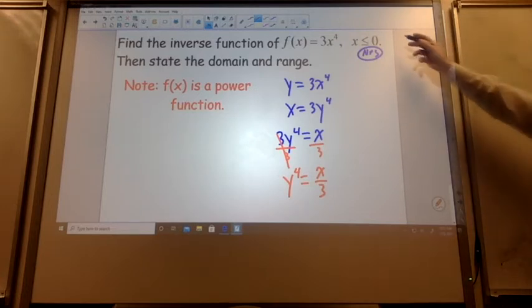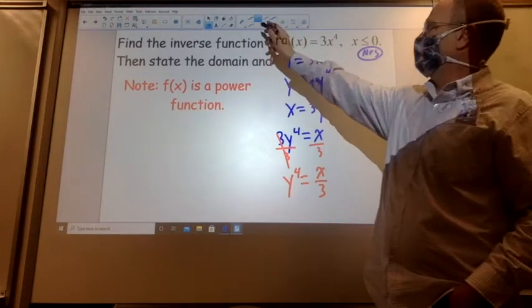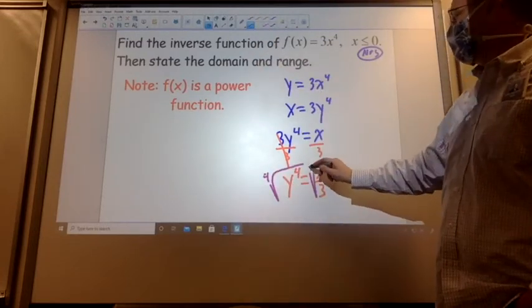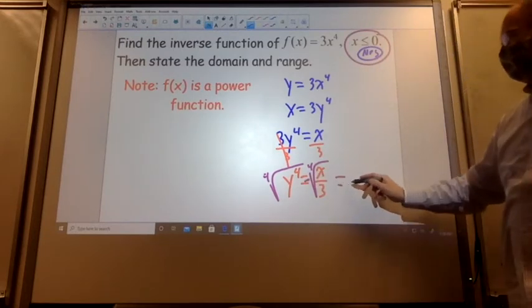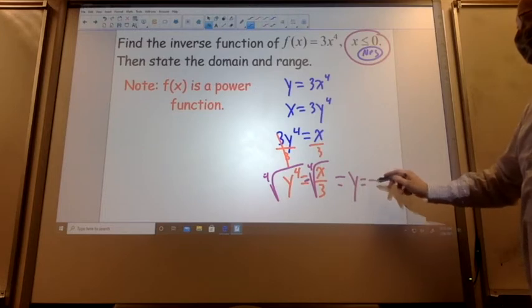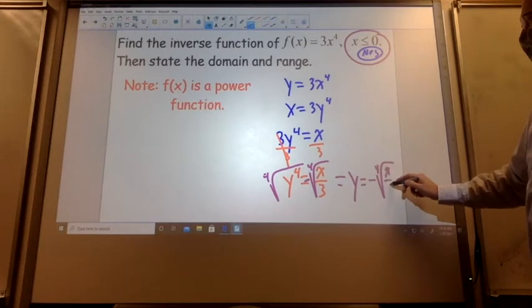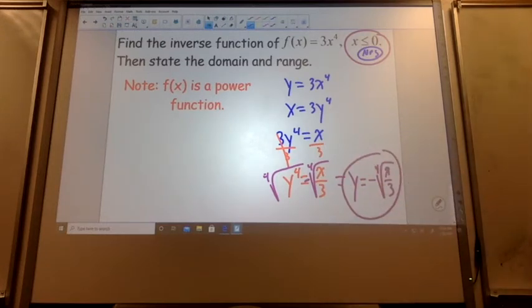But we had this restriction, was just talking about the negatives, yes? So if I do the 4th root of both sides, because I had this for negatives, I want the negative component of that. So then I'm going to get y is equal to the negative 4th root of x over 3. Happy about that?